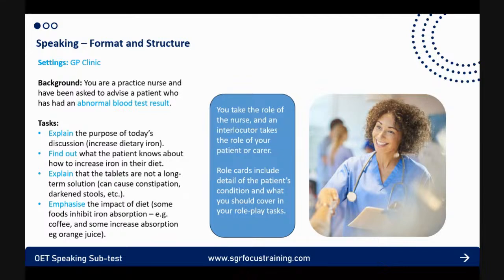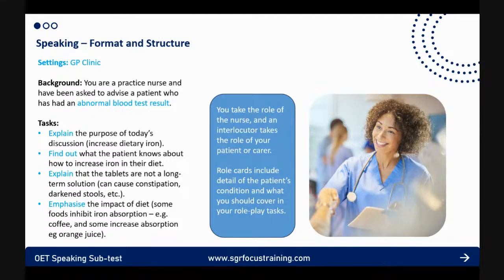Emphasize basically means that you're going to give an explanation, but you're going to use some grammar that signifies to the patient this is very, very important. So what's important when you are making preparation is to understand the differences between these three key areas.